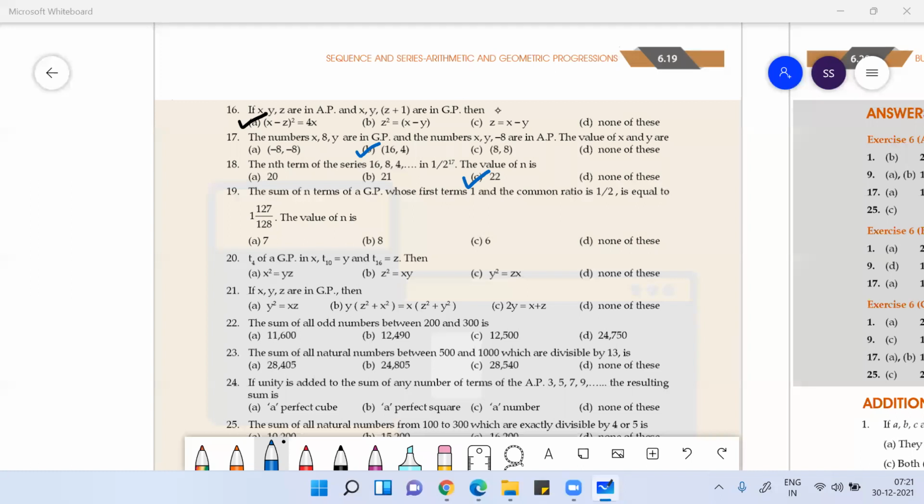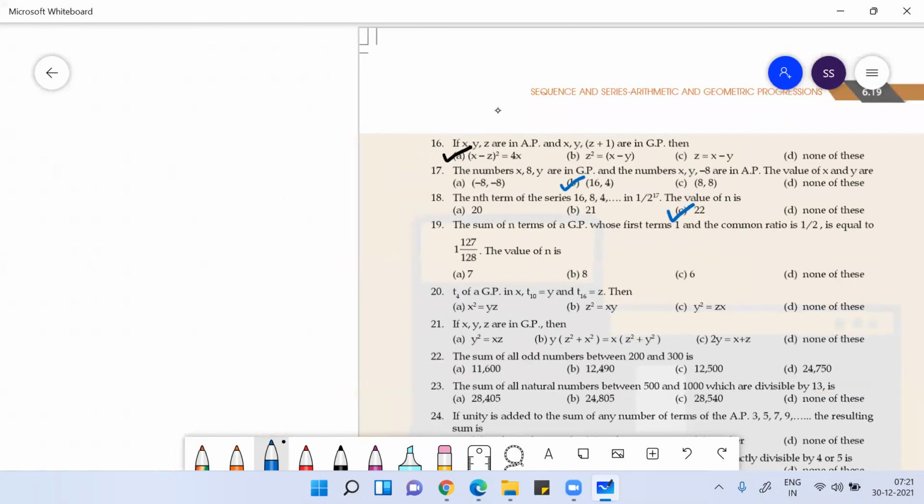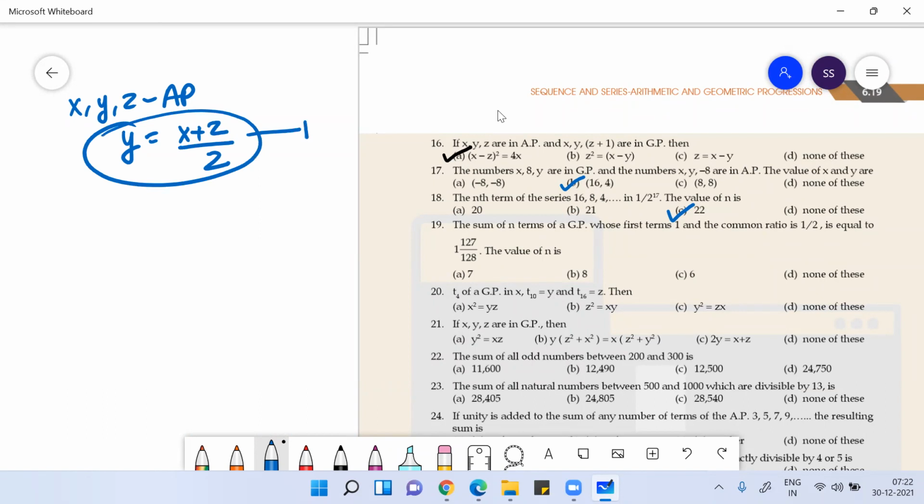Sixteenth one: if X, Y, Z are in AP and this much is in GP. You just remember, if X, Y, Z are in AP, this means Y is equal to (X plus Z) by 2. I hope you remember we did one problem like this.